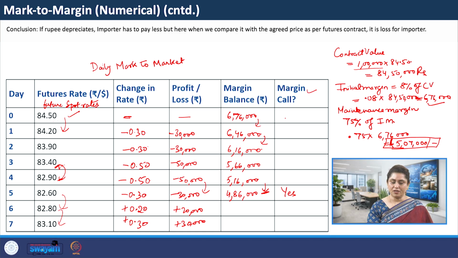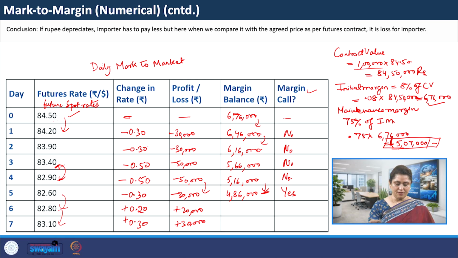There is no initiation of the margin call until it goes below the maintenance margin, which is 5,07,000. Then we are going to initiate the call, and here we have initiated it. The next question is how much money we are going to ask for.